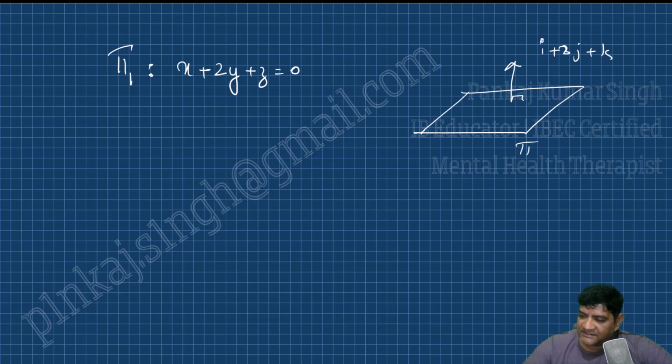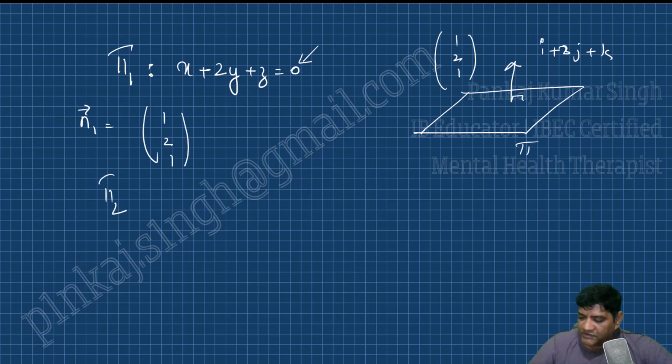You can also write this as 1, 2, 1. Those are going to be the DRs of the normal to the plane. What you can also notice is that the constant is 0, which means this plane is passing through the origin. So I have the first normal n1 vector as 1, 2, 1.